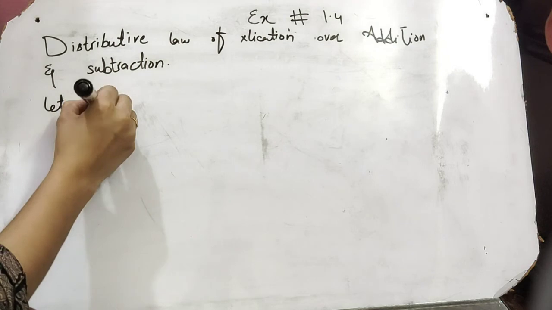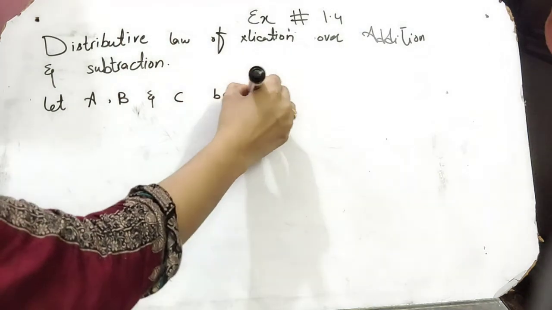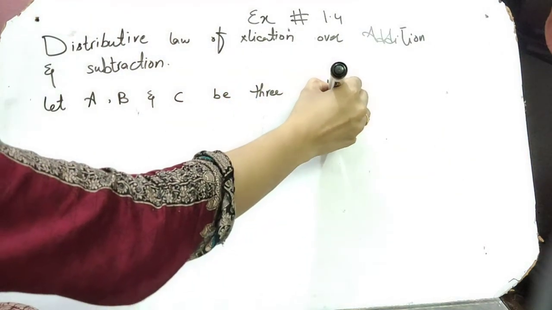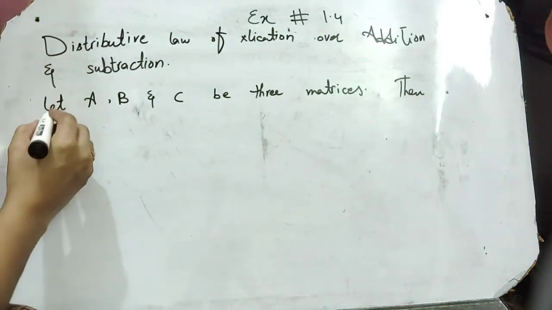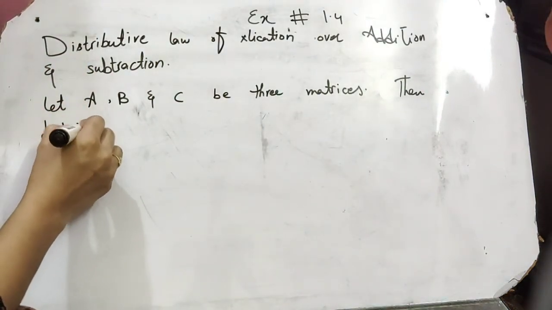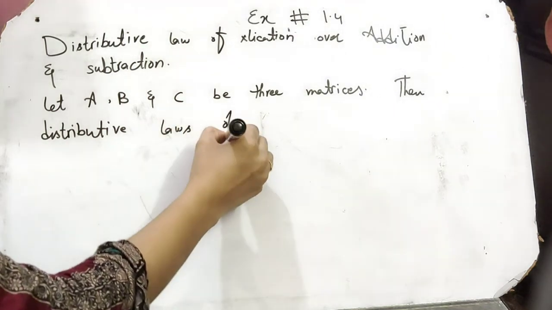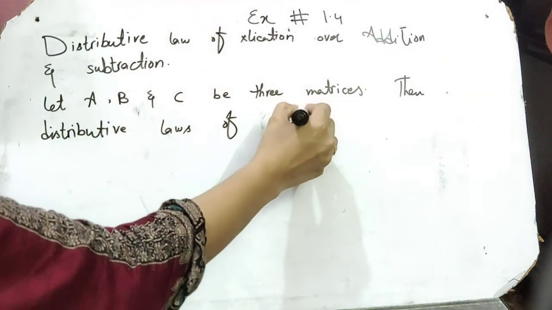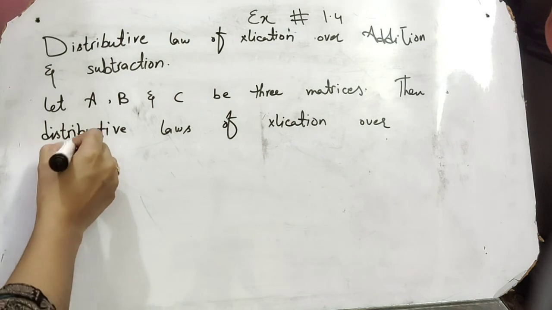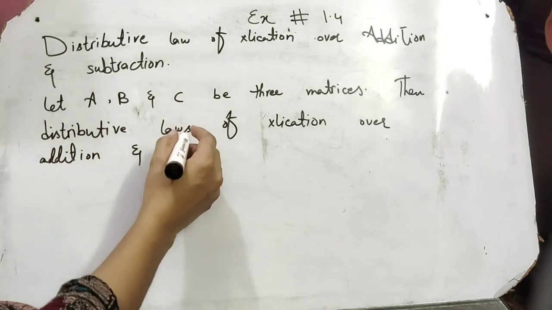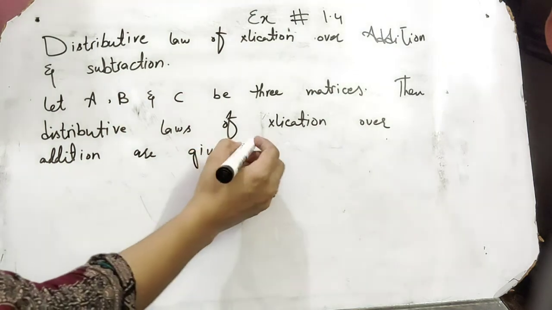Let A, B and C be three matrices, then distributive laws of multiplication over addition are given below.